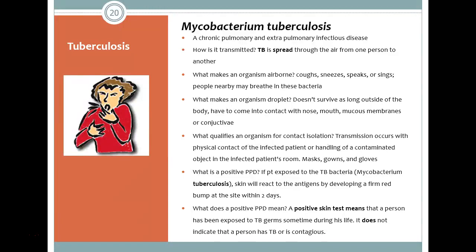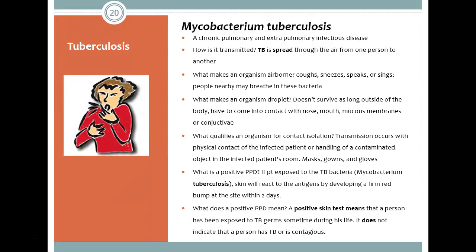So this is an airborne infection, and therefore if a patient has TB, they need to be in a reverse isolation room, meaning they have their own ventilation system that is not connected to other patients in the hospital, so that this airborne bacterial infection doesn't infect other patients.